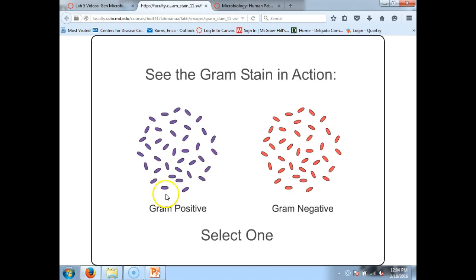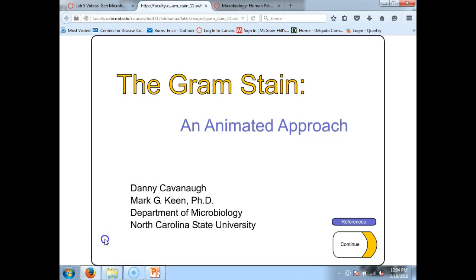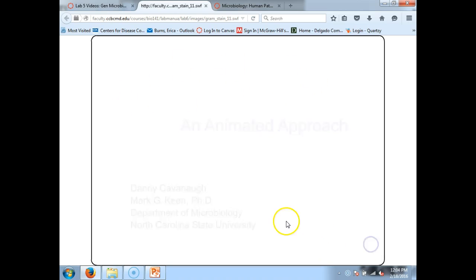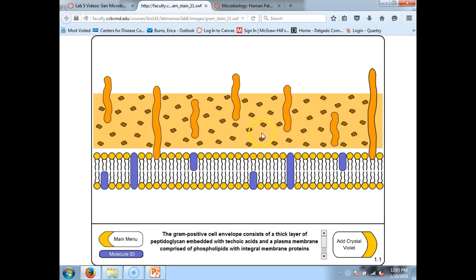It is annotated in that it does have a script. So down here is their script for each one of the slides. So you'll notice that in the beginning I clicked on gram-positive. So we're going to go through the steps for organisms that would stay purple, that what we call gram-positive. Right?